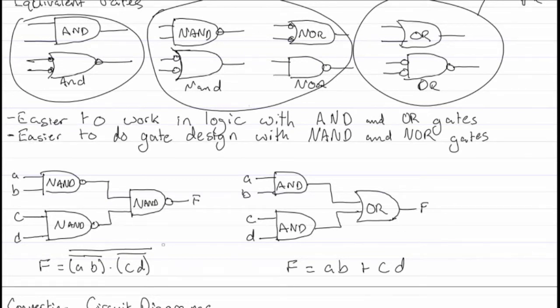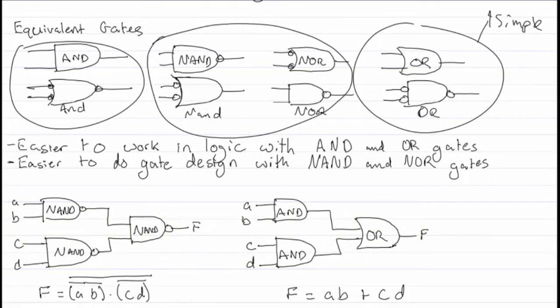It's a really crappy way of describing how this circuit works. So what we do is just convert it to an and or gate, or a simple circuit right here, and we have a much cleaner equation. It's much nicer to look at that than it is to look at this.